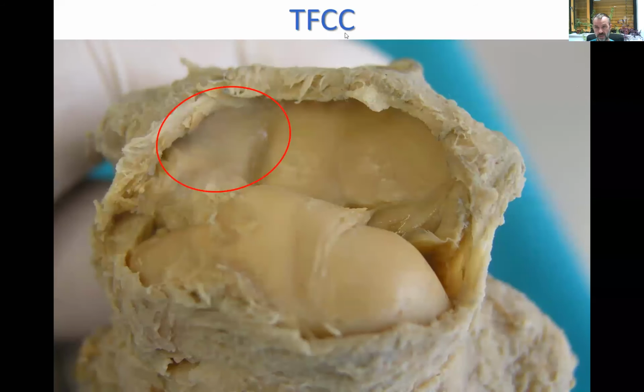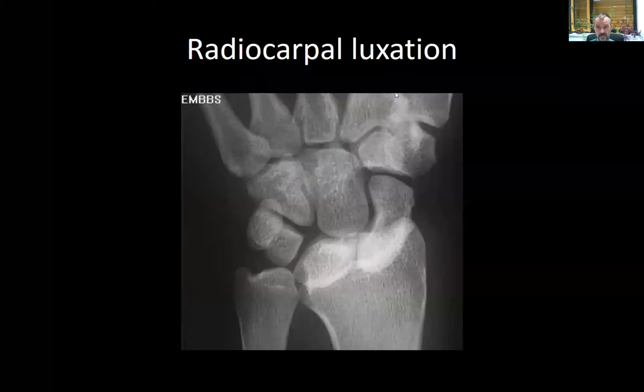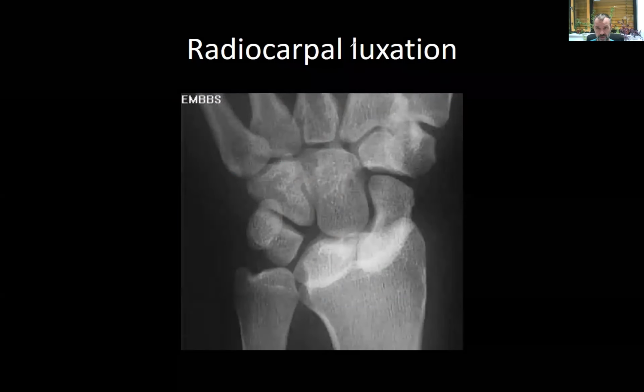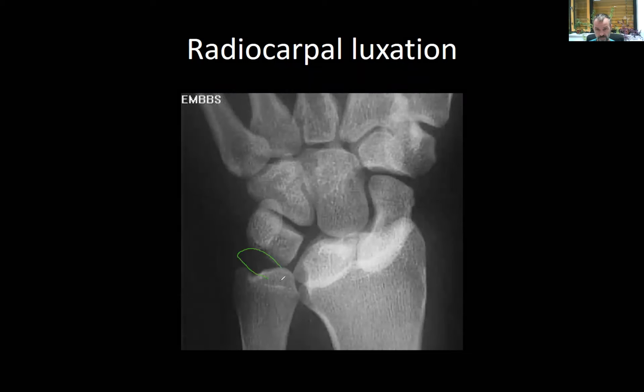You can see it nicely here in the opened joint, where you can see the scaphoid, lunate, and triquetrum. You can see the radius, the carpal articular surface, and the disc. And what is here around these structures are the ligaments of TFCC. So that's a clinical term I used. The TFCC would be located here.